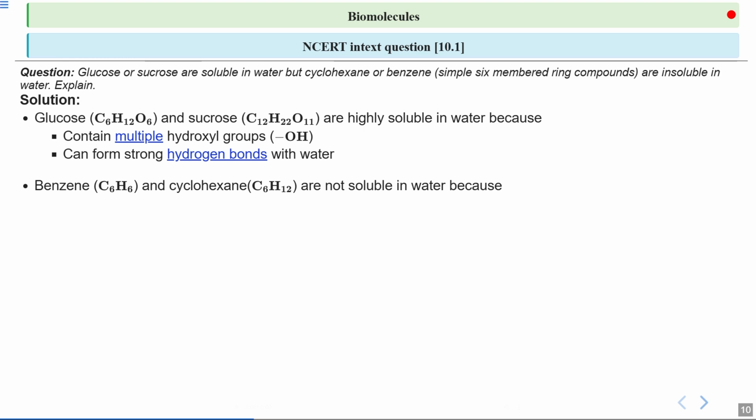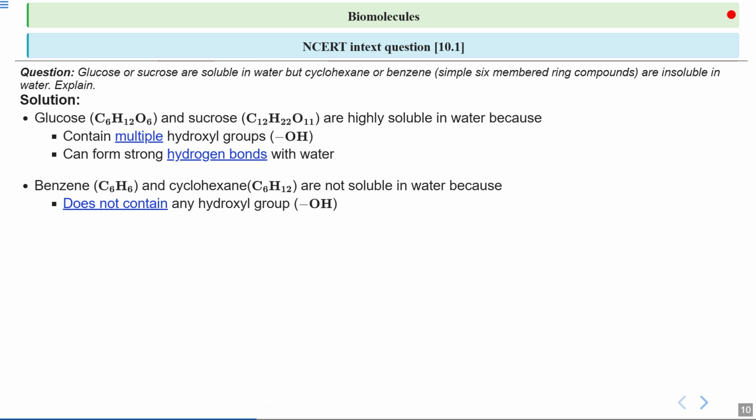Now if we talk about benzene, which is C6H6, and cyclohexane, which is C6H12, they are both six-membered ring compounds. But unlike glucose and sucrose, they do not dissolve in water. So if you see the key difference, it is that benzene and cyclohexane do not have any hydroxyl group.